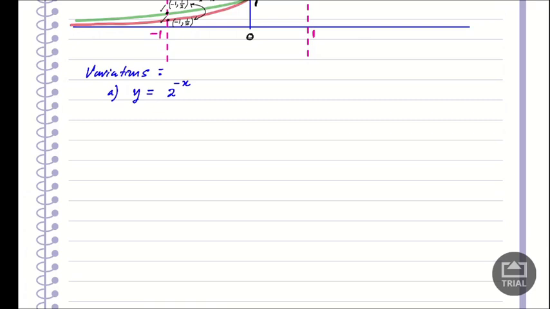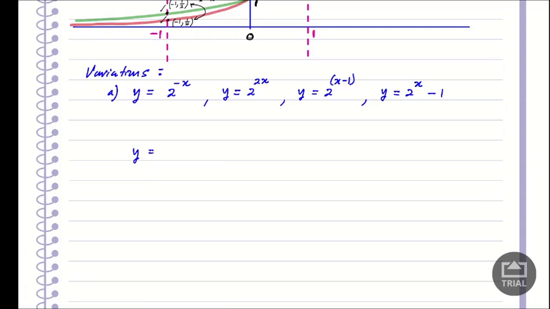Then y is equal to 2 to the power 2x is another variation. Then y is equal to 2 to the power x minus 1. That is another variation: y is equal to 2 to the power x minus 1, where that minus 1 is outside.